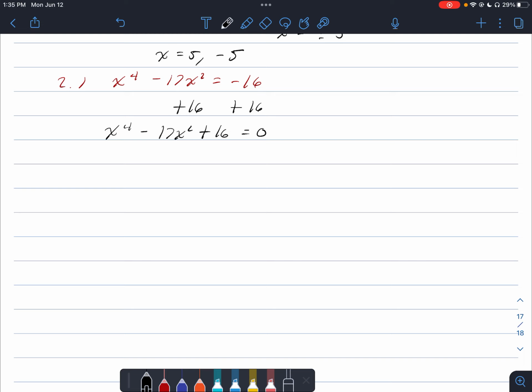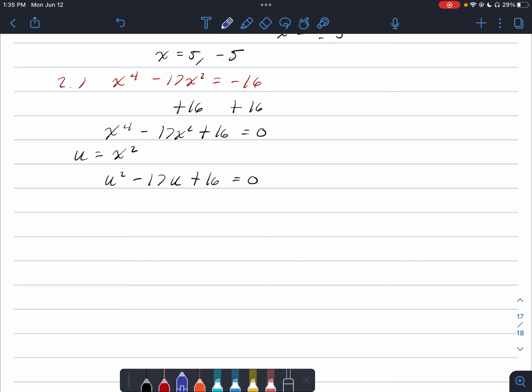And let's go ahead and let u be equal to x squared. If u is equal to x squared, then this equation will become u squared minus 17u plus 16 is equal to 0.